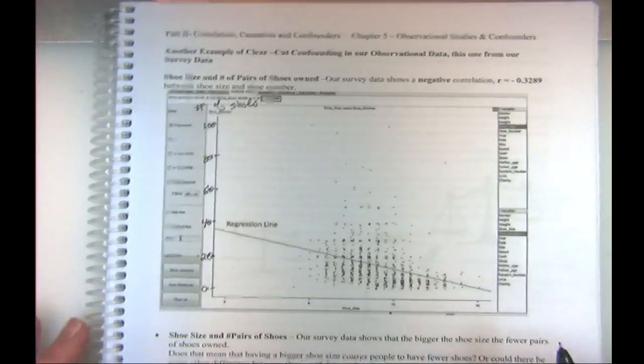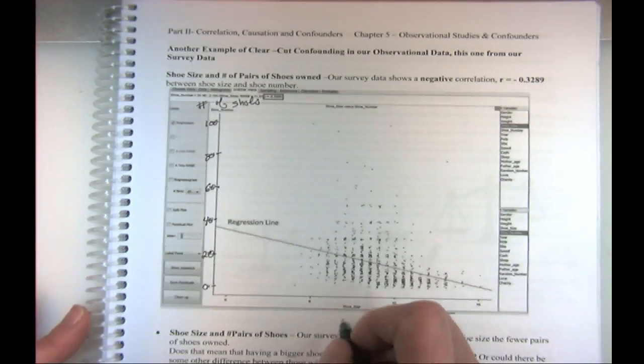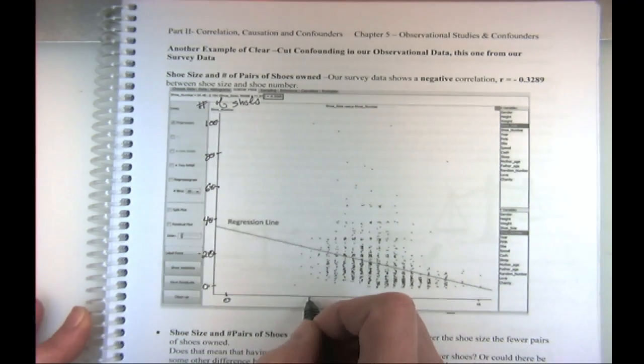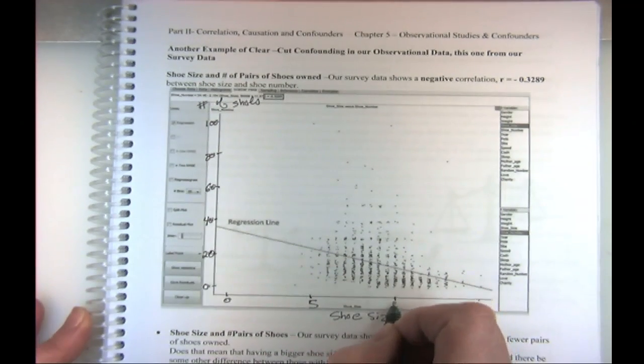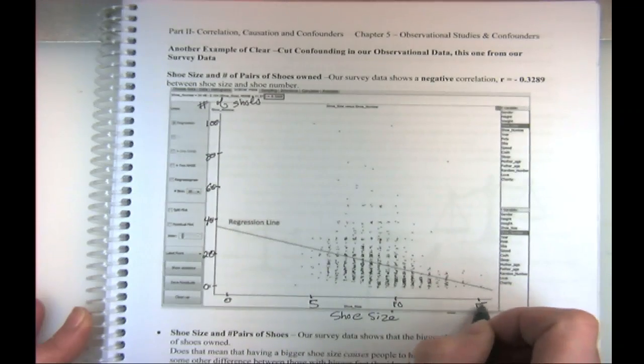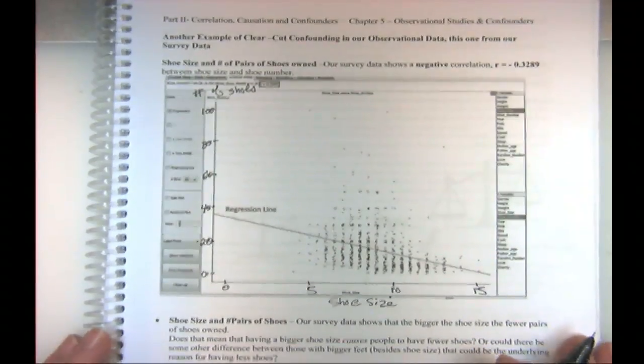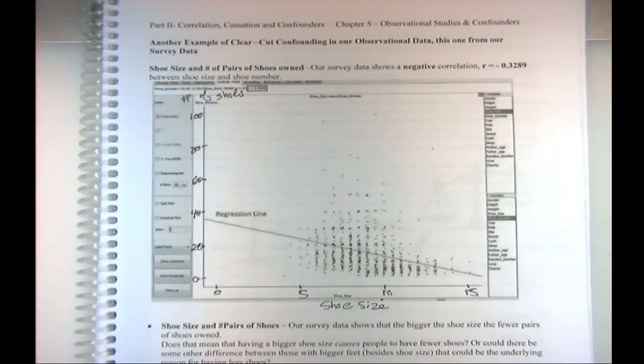Okay, and then on the x-axis here we have your shoe size. And here we have 0, 5, 10, and 15. So there's a few people with 15 and somebody with a size 4, it looks like, but most people are more in the middle. And here we have our correlation coefficient. This time, with this data set, it was much stronger.